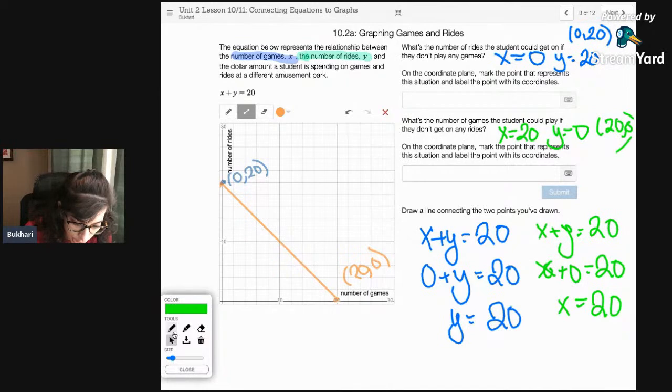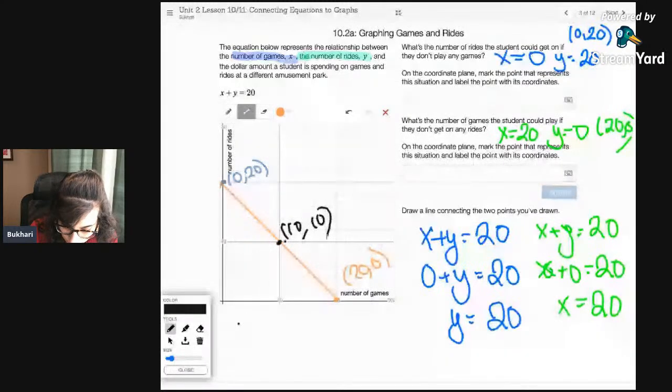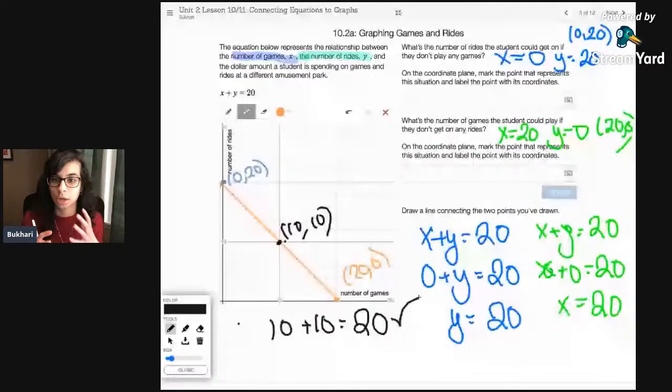If I choose a point, let's choose 10, 10, it looks like it's on the line. If I substitute in 10 for x and 10 for y, that gives me 20, exactly what I'm looking for. And so this is a sketch, but it gives a pretty solid sketch of how you can graph a line and what those things represent.